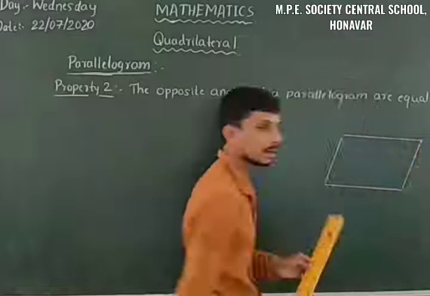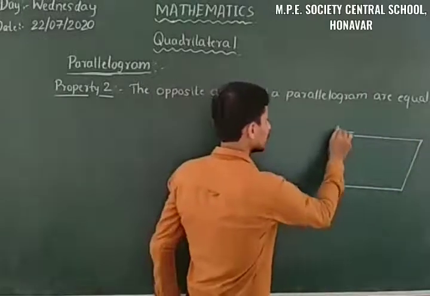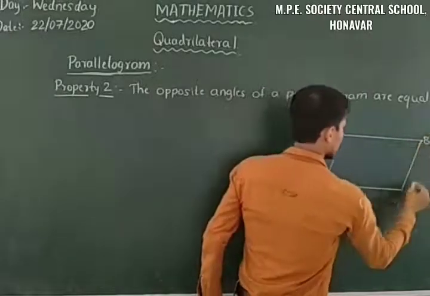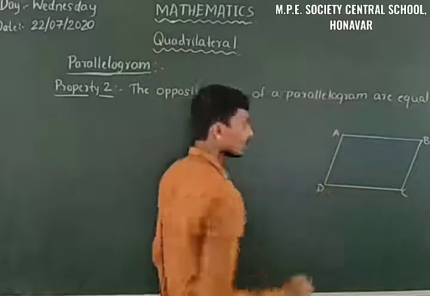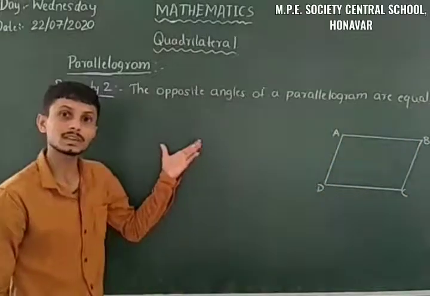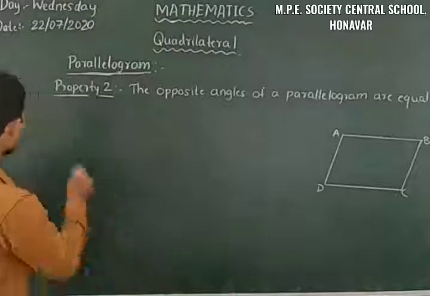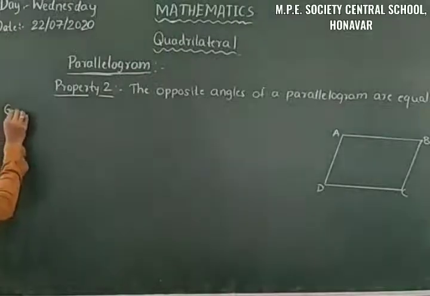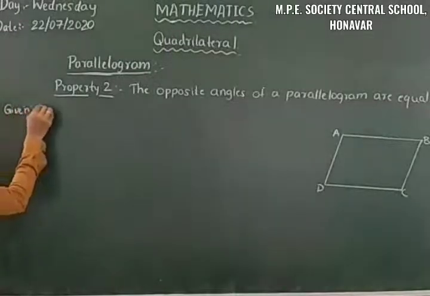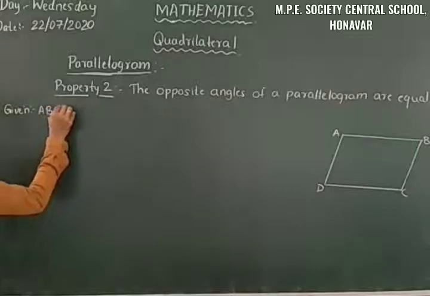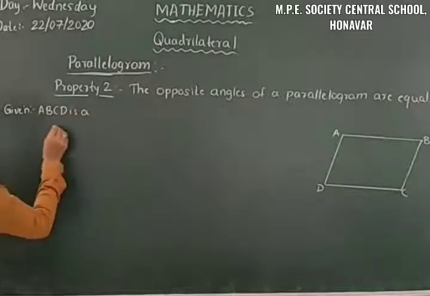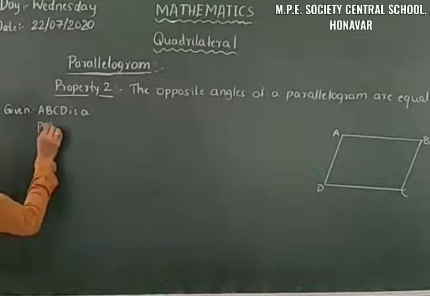Yes, this is a parallelogram ABCD. So when we are writing the proof, firstly we have to write the given. So what is the given here? Given: ABCD is a parallelogram.